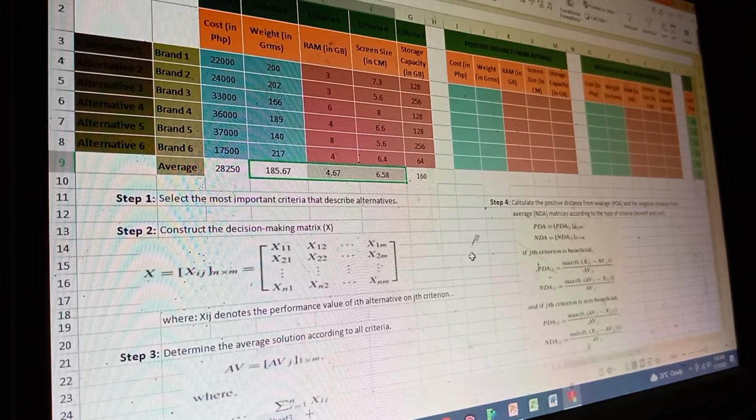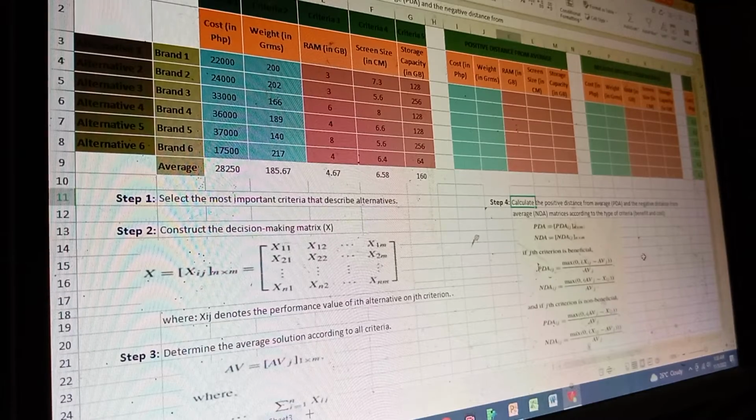Next, step 4, we need to calculate the positive distance from the average, PDA, and the negative. So this one and this one, we will calculate this one.